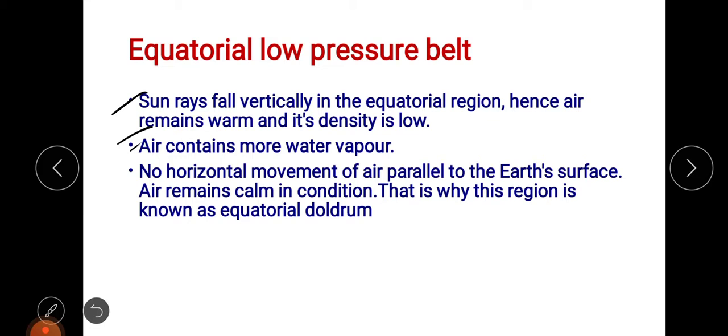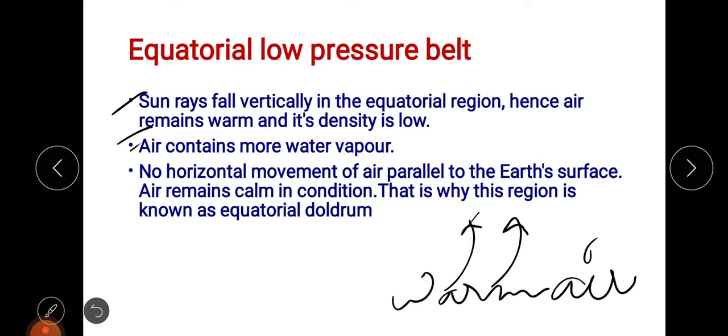Because in this equatorial region there is no horizontal movement, only vertical movement is there. That means air rises upward, it is called vertical.